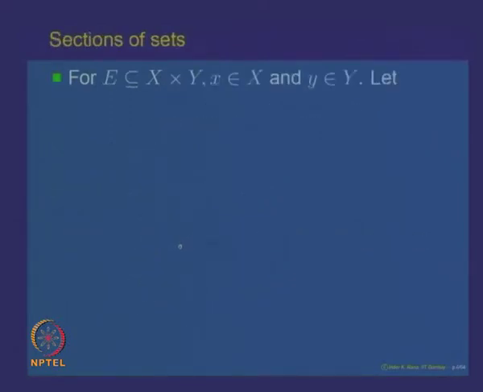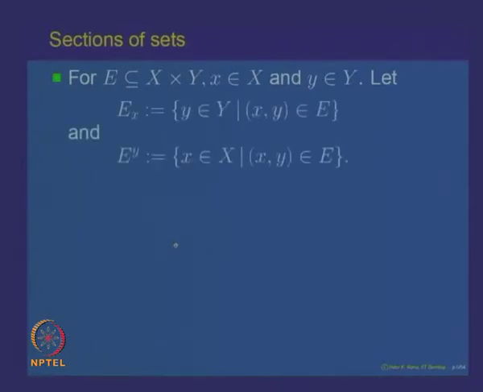For the sake of clarity, let us note down: for any element E in X cross Y, E a subset of X cross Y, x an element of the set X and y an element of Y, the section E lower x is defined as all points y in Y such that (x, y) belongs to E, and similarly E upper y.